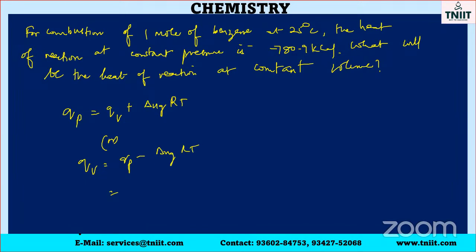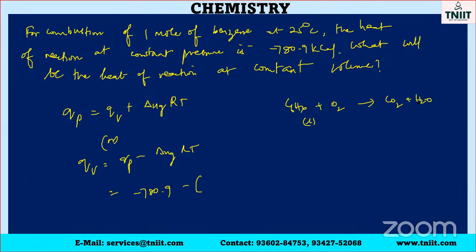So heat at constant pressure, they've given minus 780.9 kilocalories, minus delta NG for this reaction. Benzene is C6H6, a liquid. When it is burned with oxygen, you get carbon dioxide and water.